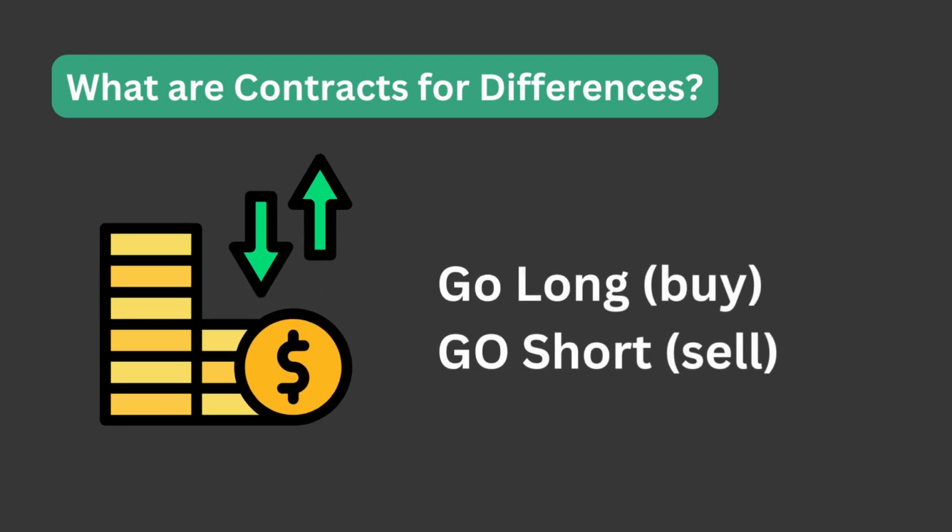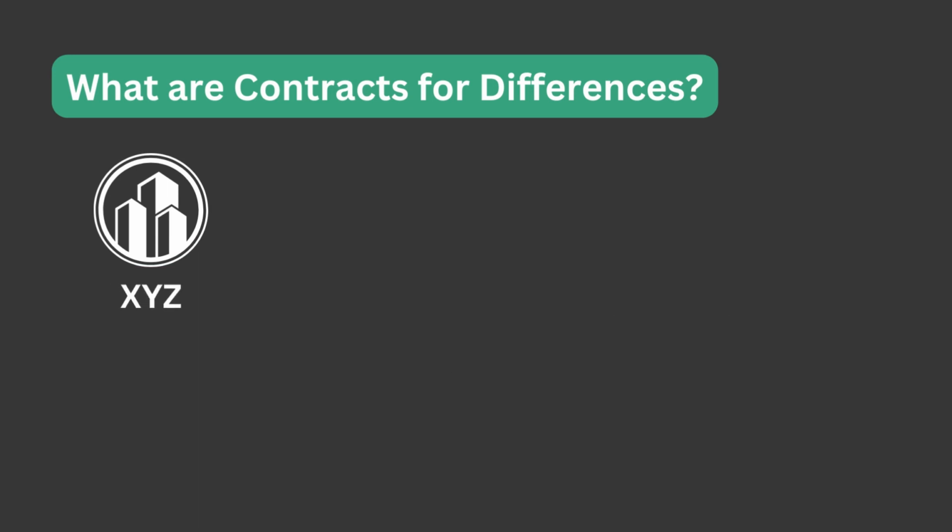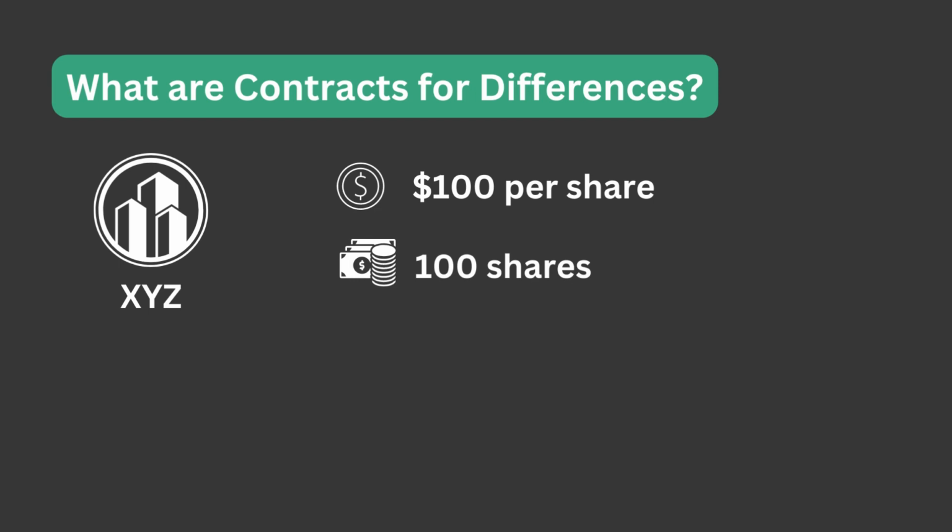For example, suppose you are interested in trading the stock of company XYZ, which is currently trading at $100 per share. However, you don't want to purchase the actual shares, but instead want to speculate on its price movements using CFDs. You decide to enter into a CFD trade on company XYZ with a contract size of 100 shares.